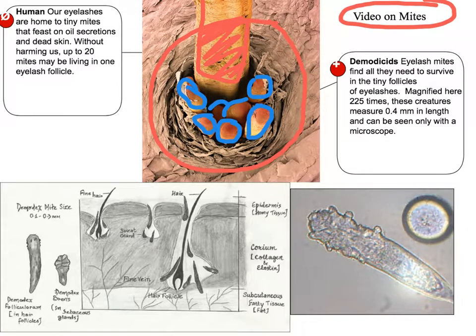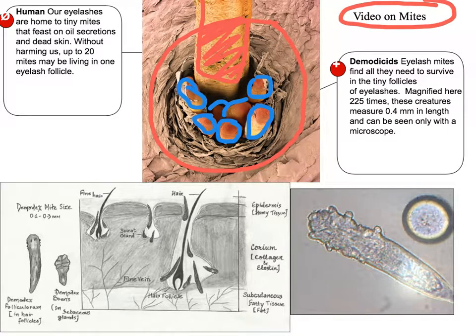And our eyelashes are the home to up to about 20 of them at a time, and they live on our oil secretions and our dead skin cells. And right there, they're magnified 225 times, so if you go in the mirror and try to look, you're not going to see them.